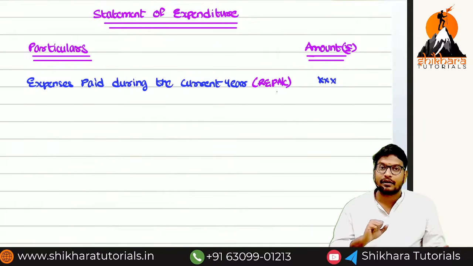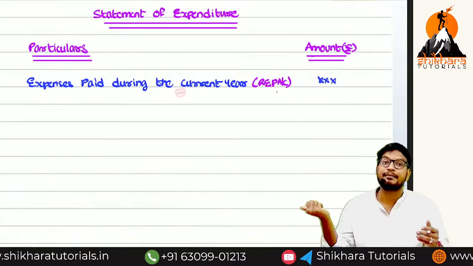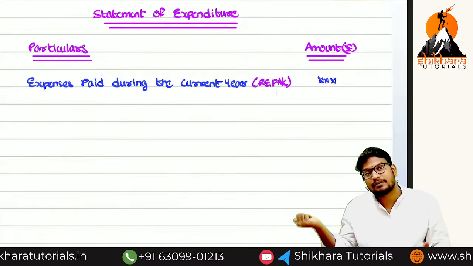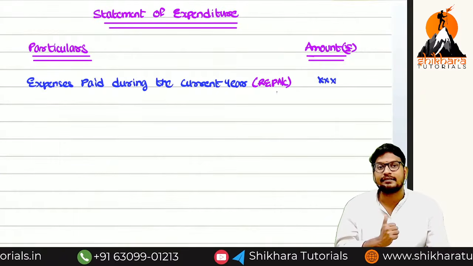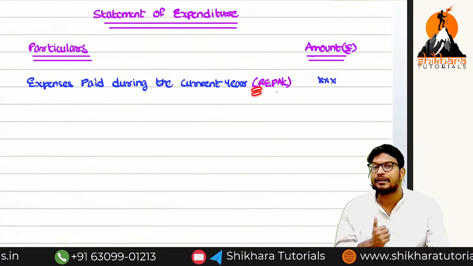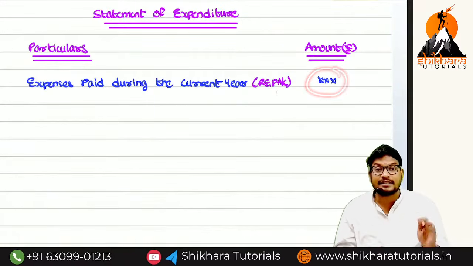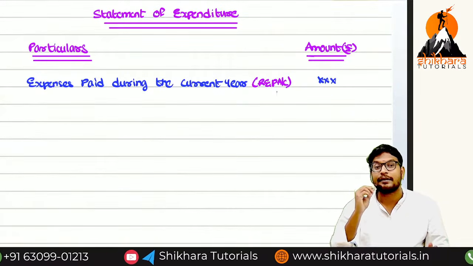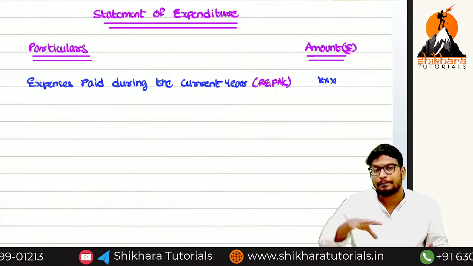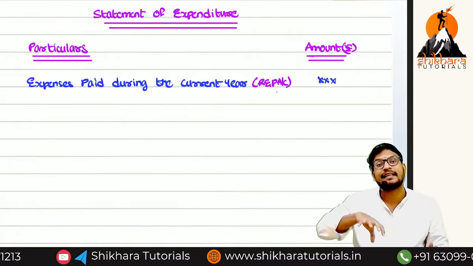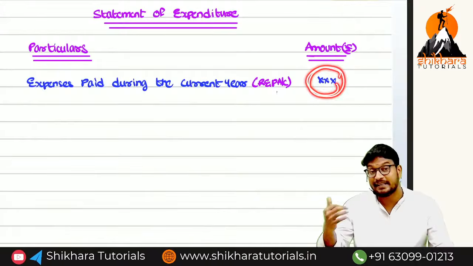When coming to the outstanding expenses of the previous year, there may be a chance. The outstanding expenses of the previous year can come in the current year, and they are already included here, so we have to reduce them. But prepaid expenses of the previous year will not be available here, because they were paid in the previous year itself.